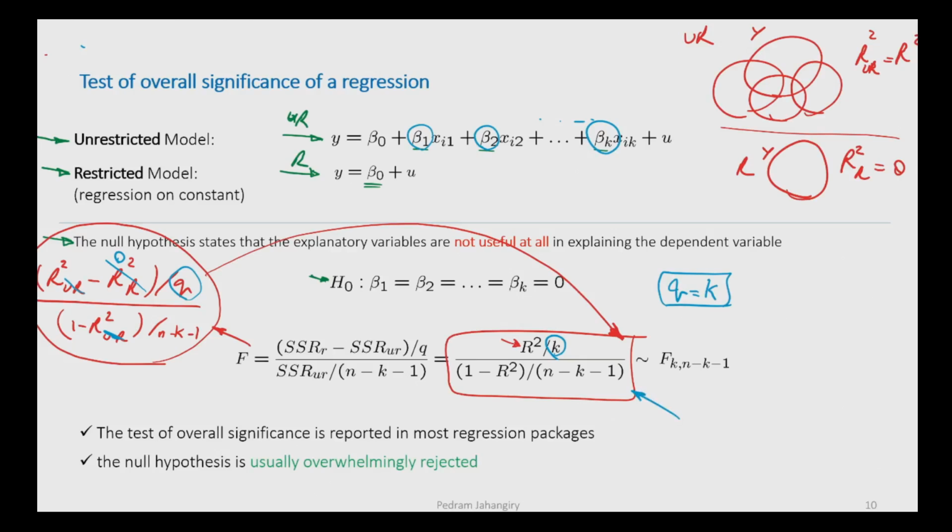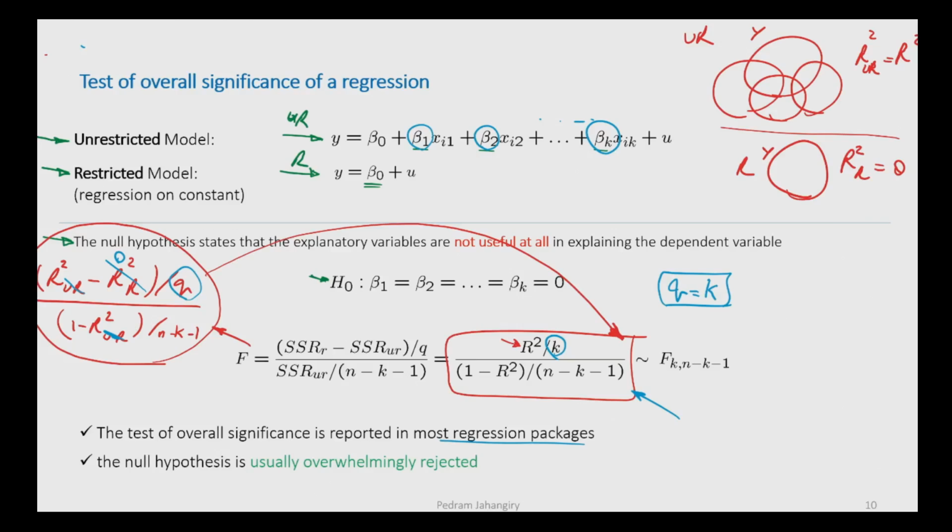And again, regardless of what method you use, you come to the same conclusion, right? The test of overall significance is reported in most regression packages. So the good news is that you will see this F number in the output of R. You don't need to do anything manually. However, I want you to learn how to come up with these numbers manually, because it involves some intuition.